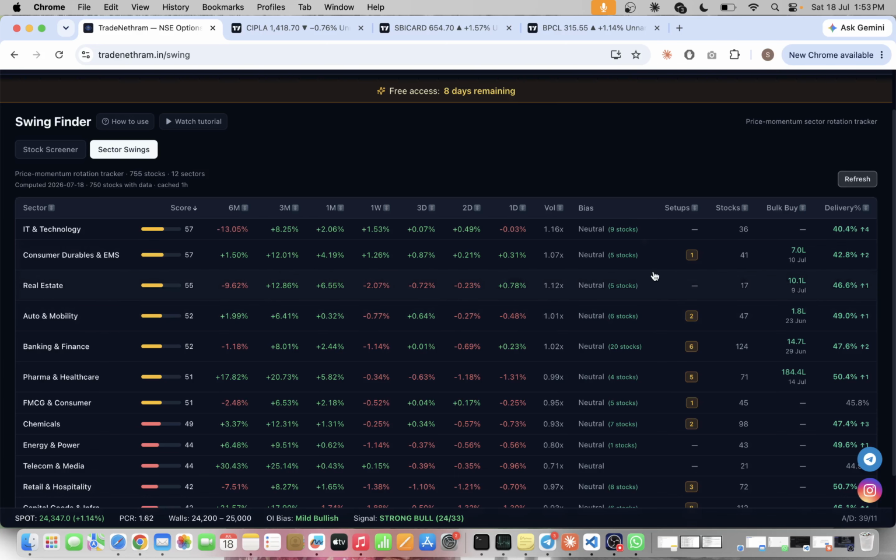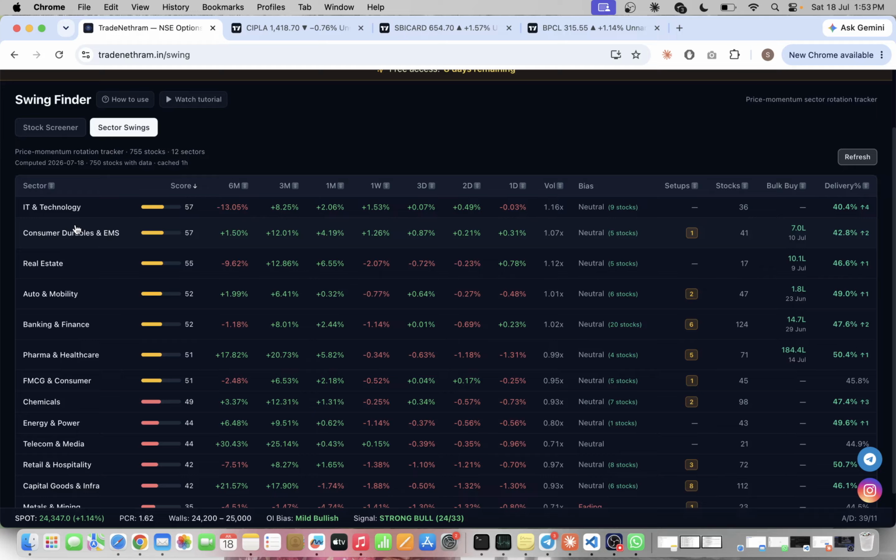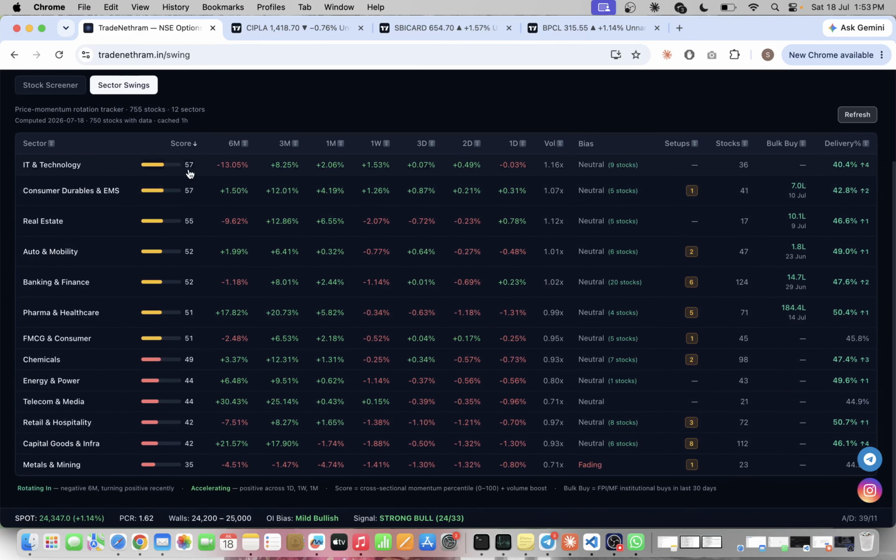So what it does is it refreshes the data every day and shows you which sector is leading. It ranks them with a score. Okay, this is the sector which is leading right now: consumer durables, real estate, automobility. Sometimes I have seen IT stocks at 990 score as well. Okay, and that would be the leading one.